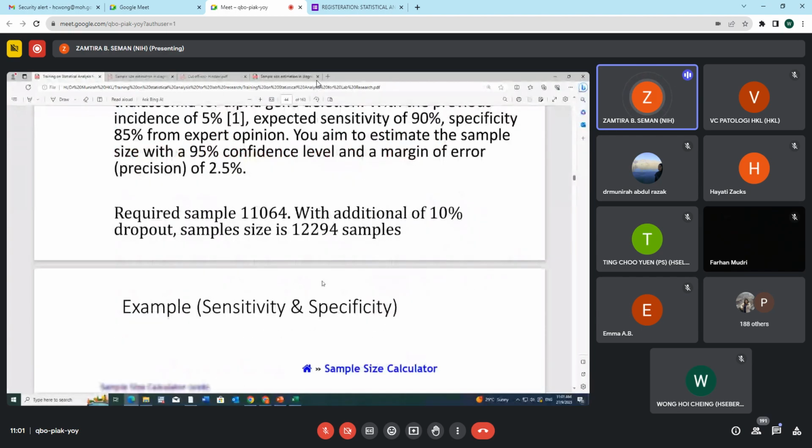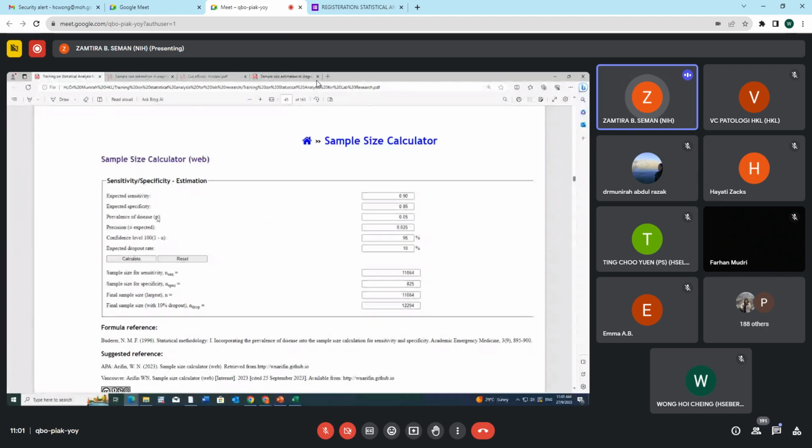Okay. I just used Dr. Wan Arifin's calculator. So everything I just plug in this one, prevalence and so on, and this one comes up with sensitivity 11,064 and specificity 825. But since the sample for sensitivity is higher than this one, the recommended final sample is 11,064.